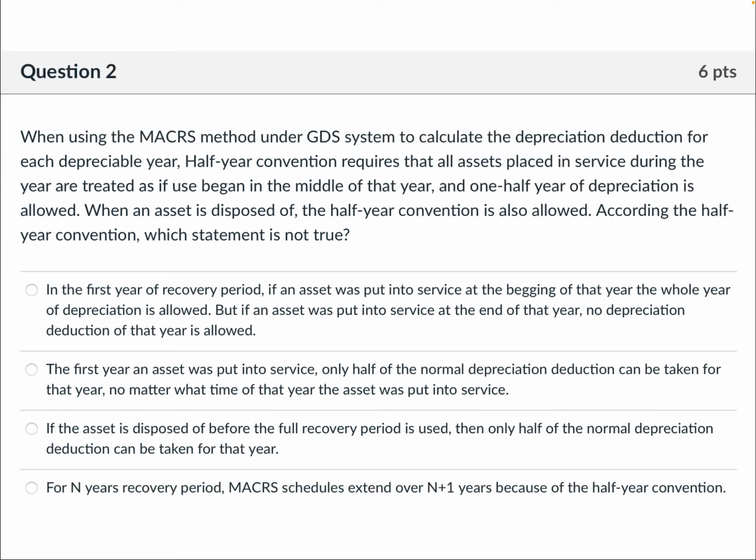And question 2 is to talk about the half-year convention of the MACRS under GDS system. Okay, so according to the half-year convention, which statement is not true? Okay, so first one, in the first year of recovery period, if an asset was put into service at the beginning of that year, then the whole year of depreciation is allowed.